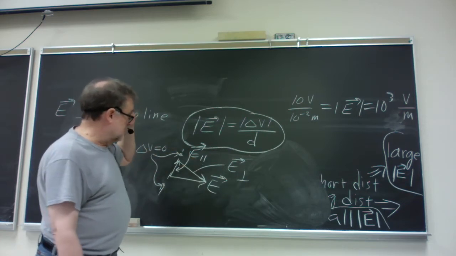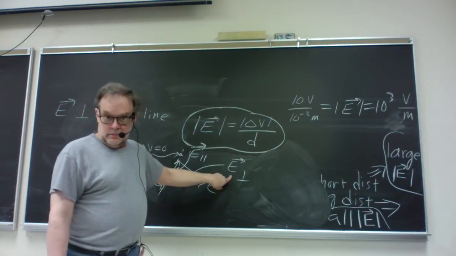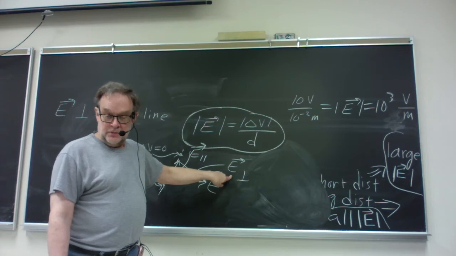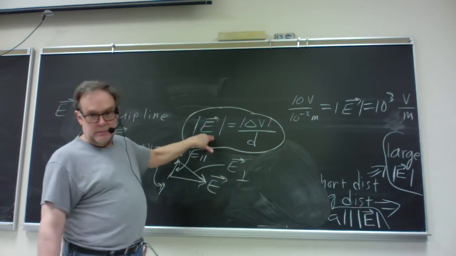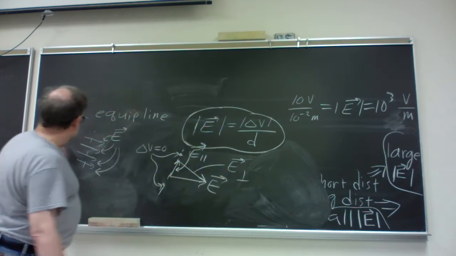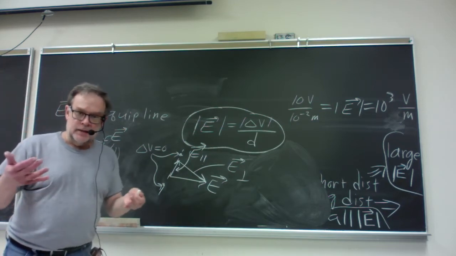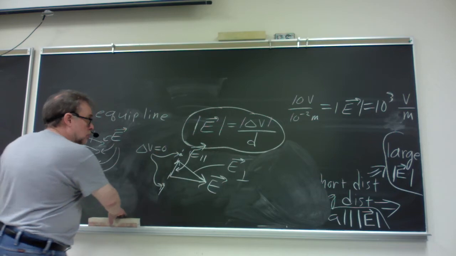In other words, only fields that are perpendicular to the equipotential line can exist. Basically because of this. So electric field is always perpendicular to an equipotential line. And let's see what that looks like pictorially.